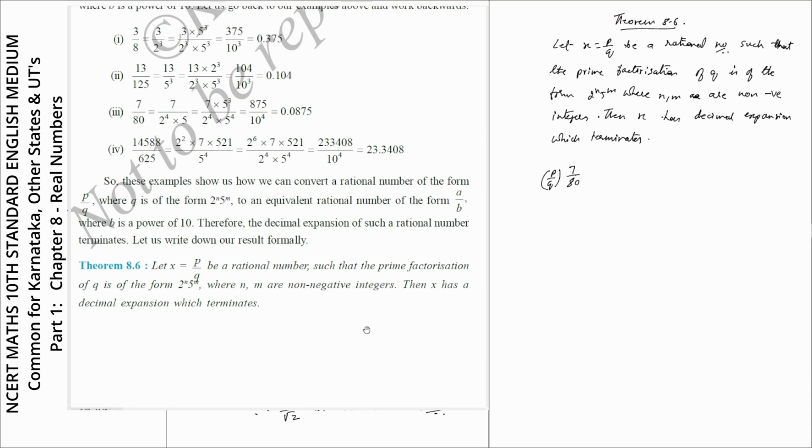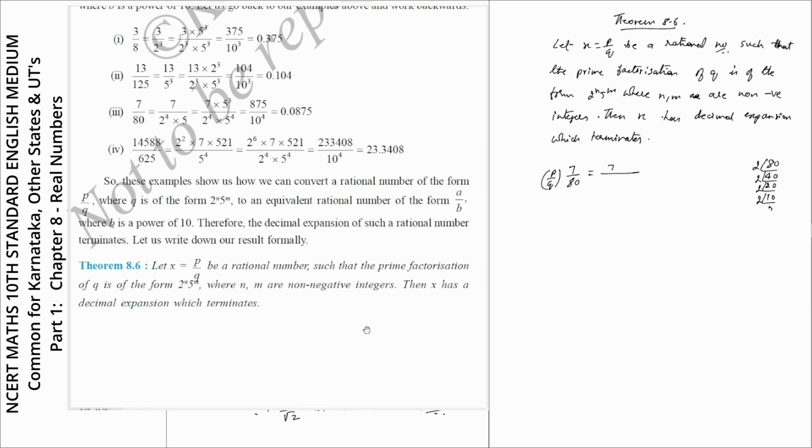Now I'll factorize the numerator and denominator. 7 is a prime number which cannot be factorized. Now 80 I can factorize. It's divisible by 2. 2 fours are 8, 2 zeros are 0. Then 2 twos are 4, 2 zeros are 0, 2 twos are 4.